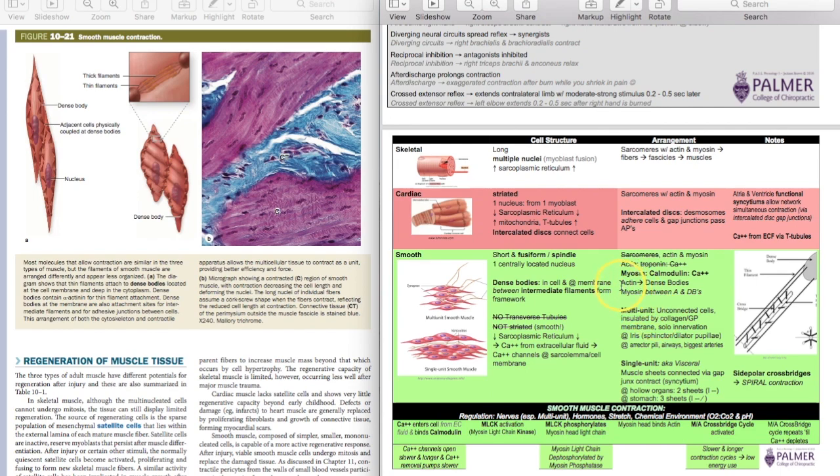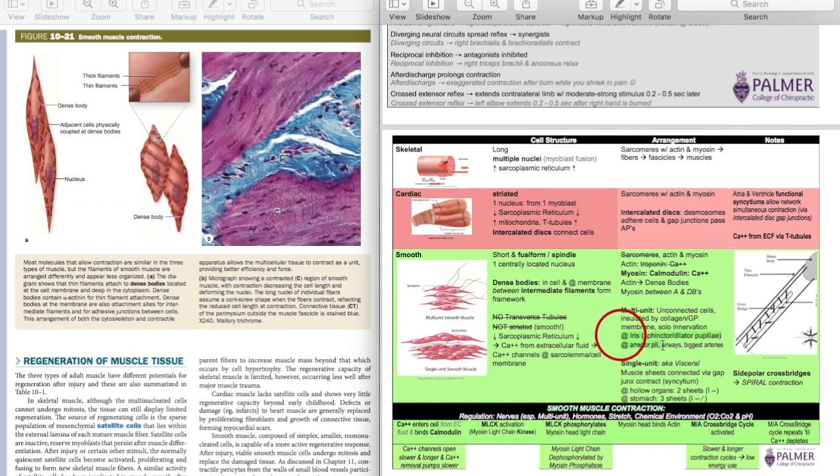Actin, the thin filaments, are going to be attaching to dense bodies in the cell membrane, shown in this picture over here. And then you've got your two different types of smooth muscle arrangements, multi-unit and single unit. Multi-unit are unconnected cells. They are insulated from each other by collagen, and they have innervation by one nerve. Solo innervation is what I put here.